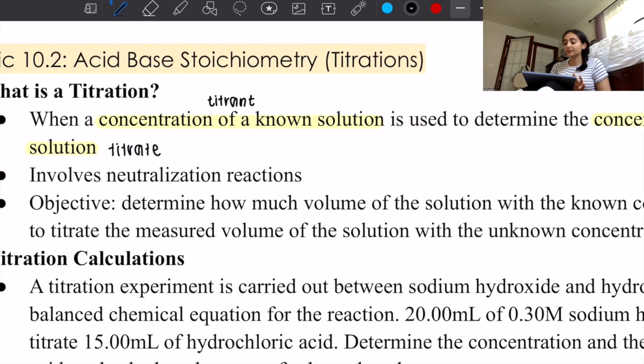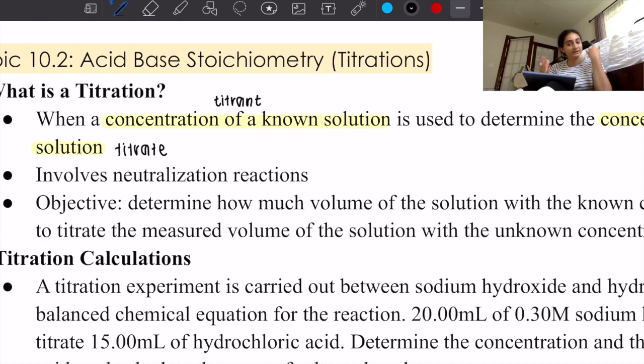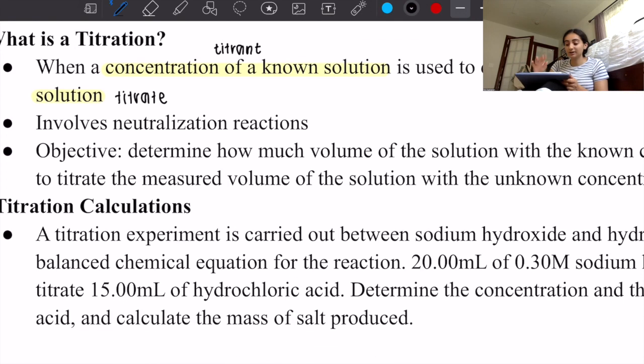So basically what you do with a titration is you have the titrate and you use a burette to drop in the titrant and you put an acid-base indicator into your titrate, and when you get the necessary color on your acid-base indicator, you know that you have completed a neutralization reaction, and you use the volume of the titrant needed to neutralize in order to calculate the concentration of your titrate.